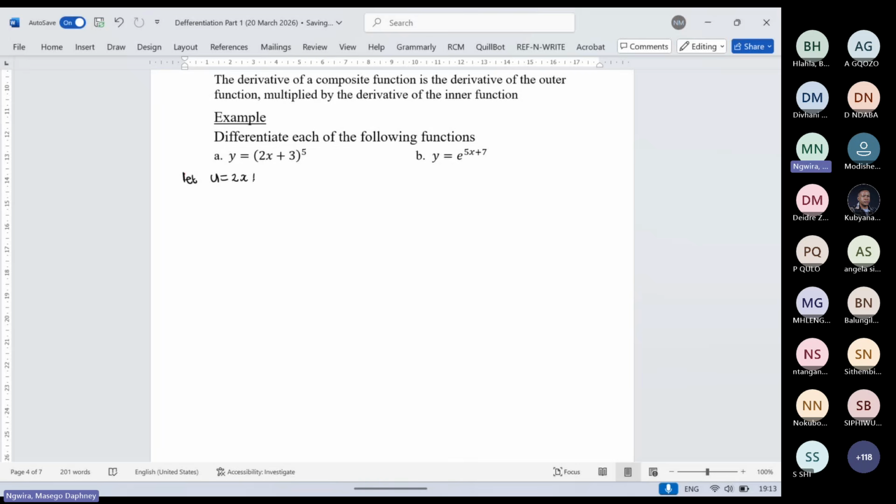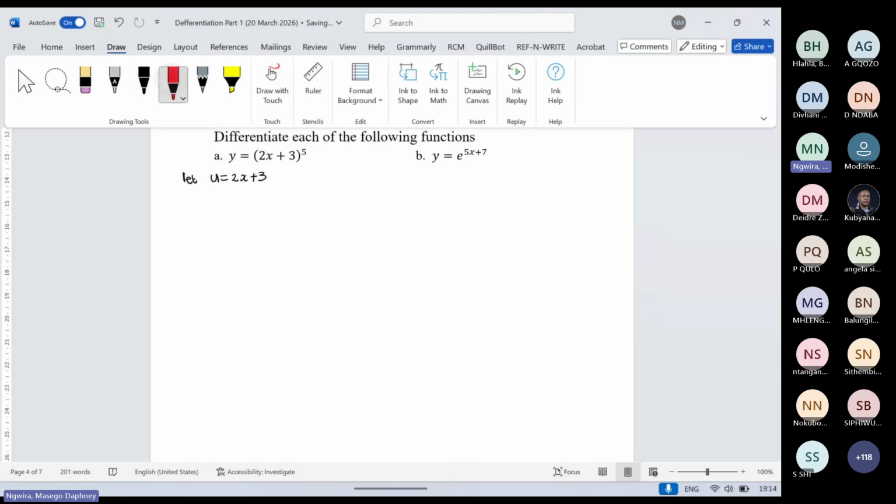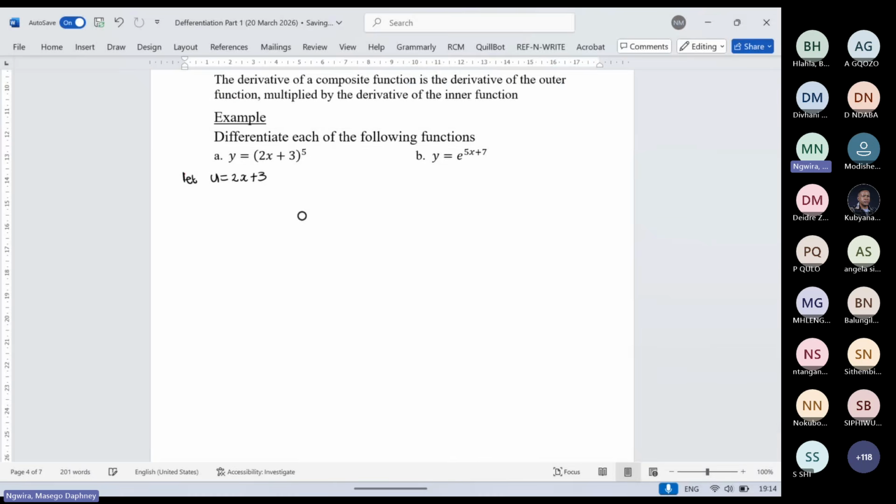And now, if my u is 2x plus 3, then it means that this is going to change. I want to use red, just bear with me. So I'm going to say, let this be 2x plus 3.